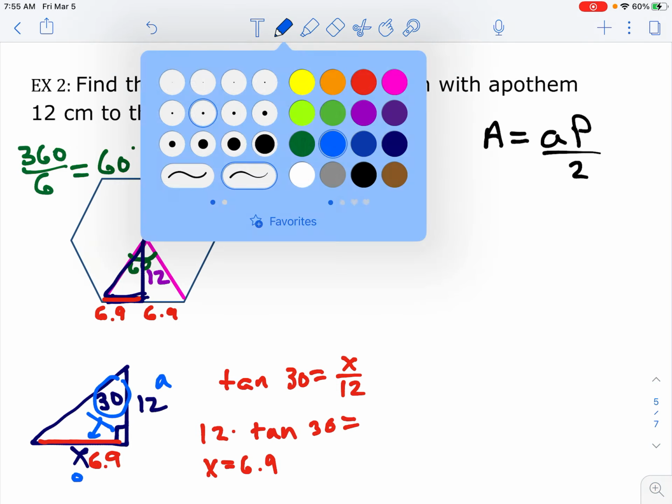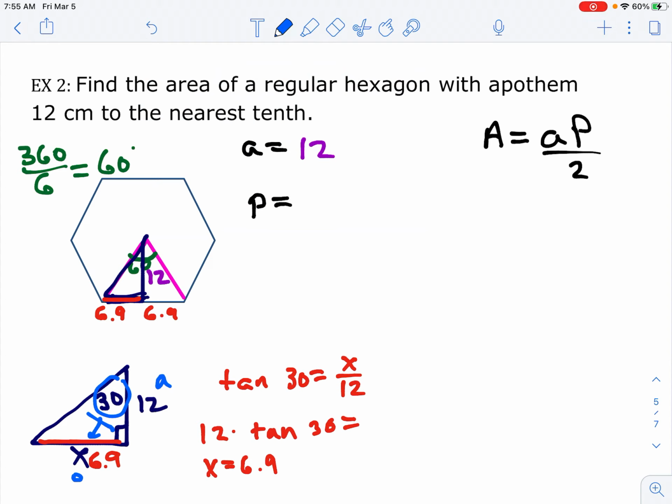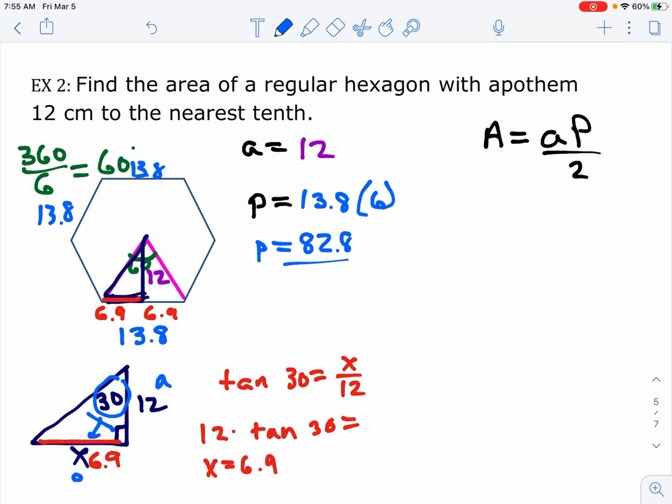So the whole entire side, 6.9 times 2, or 6.9 plus 6.9, is 13.8. So every single side of this was 13.8. To find the perimeter, I can take the side, 13.8, and multiply it times 6 because there's 6 sides. That will tell me a perimeter of 82.8.